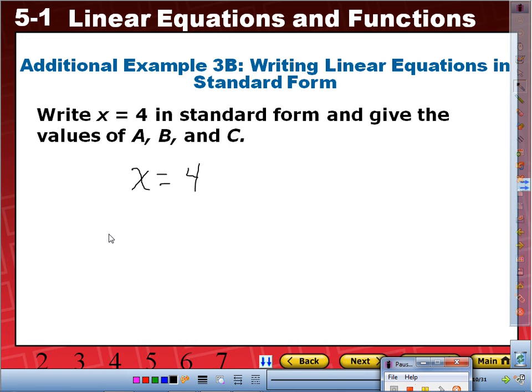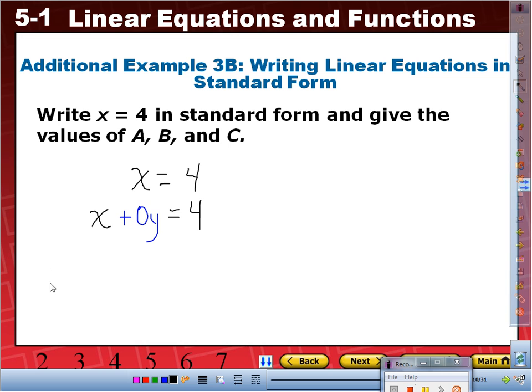Okay, so check this out. I see some of you right away saw that you're missing the y. Is that correct? So if we're missing a y, then we can rewrite this as x plus 0y equals 4. Is it in standard form now?